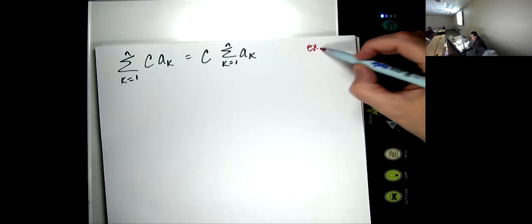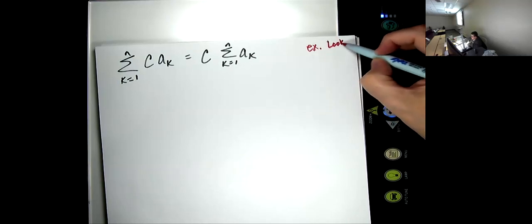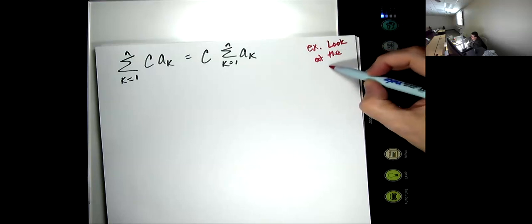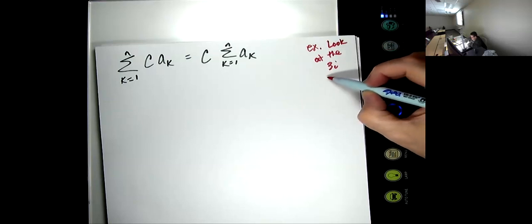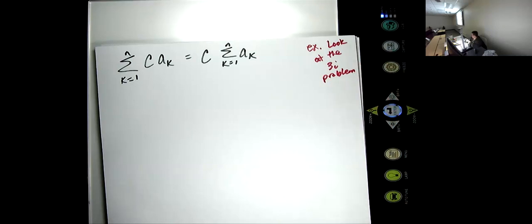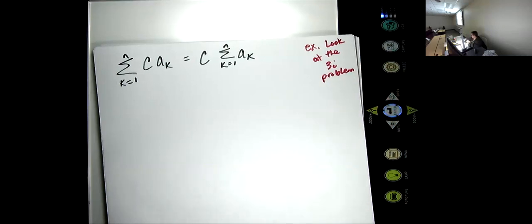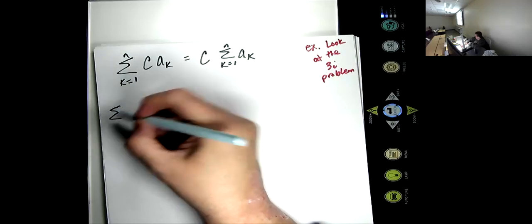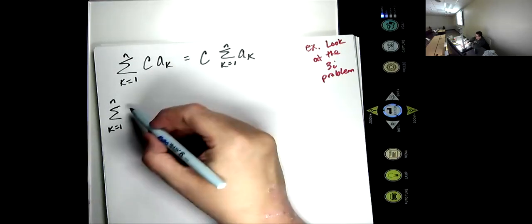Example, look at the 3i one we did. I'm actually going to prove two of them, because the next one, if you pay attention to how it works, you'll be able to repeat it on a lot of stuff in future classes.